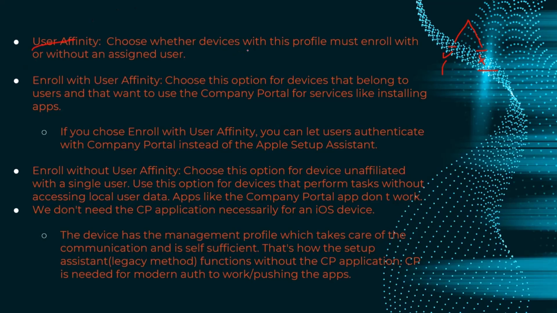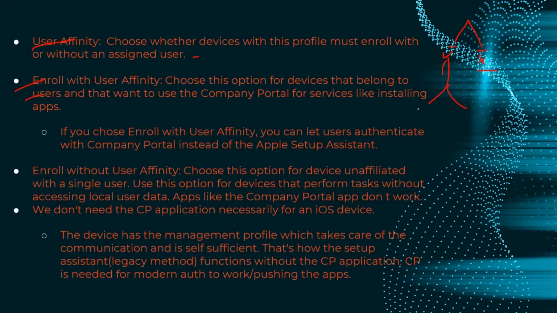User affinity: choose whether devices with this profile must enroll with or without an assigned user. We can enroll with user affinity when the device belongs to a specific user, and if you want to make use of company portal to install applications. If you choose enroll with user affinity, then, let's say that you have chosen user affinity, again under user affinity you have two options.